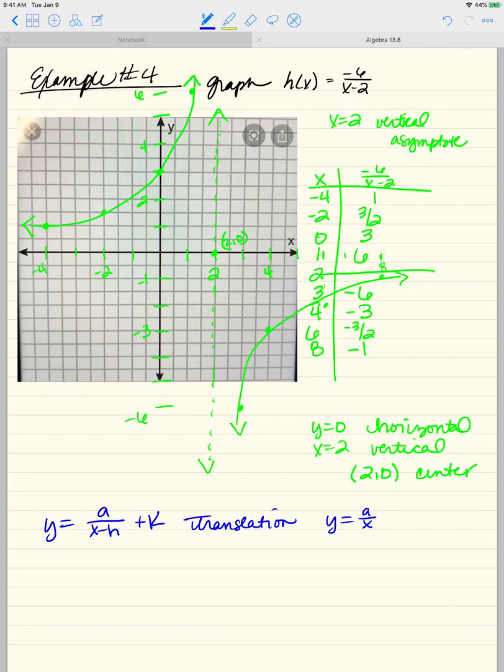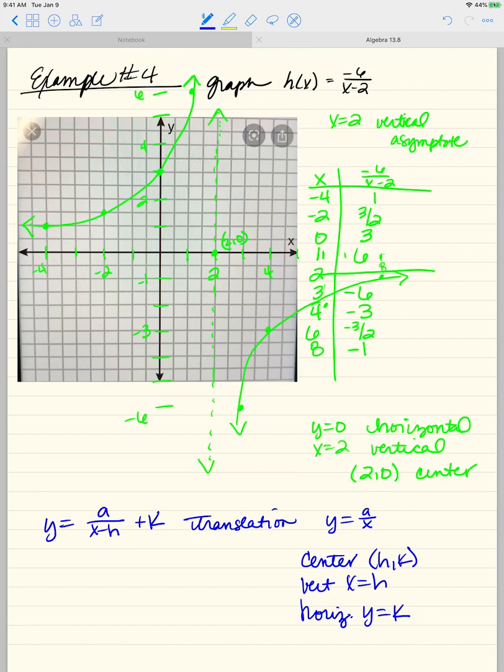It is a hyperbola with its center at (h, k), and a vertical asymptote of x is equal to h, and a horizontal asymptote of y is equal to k.